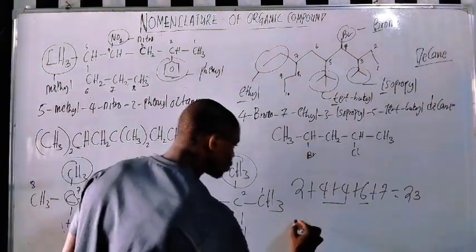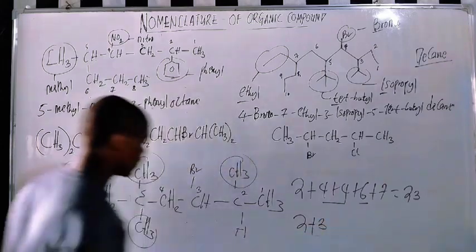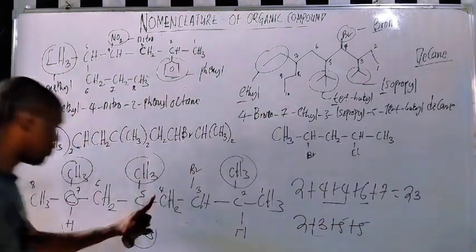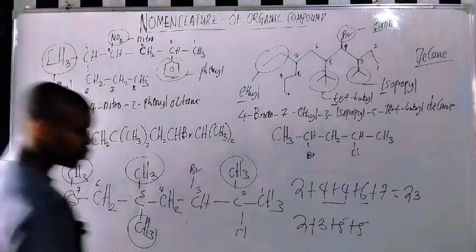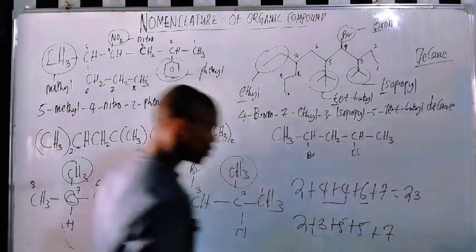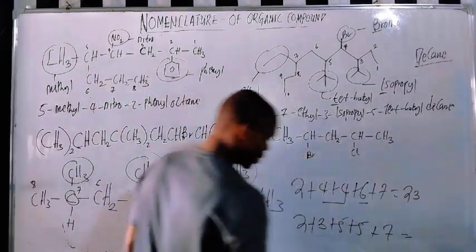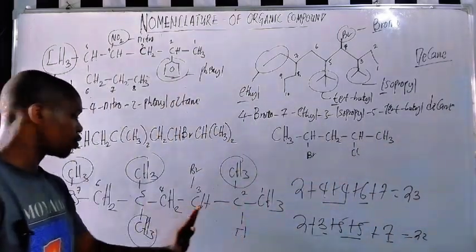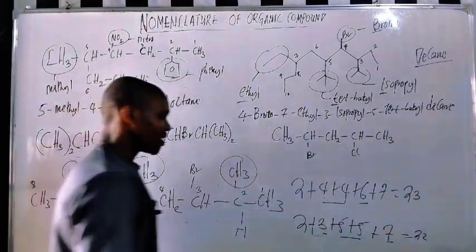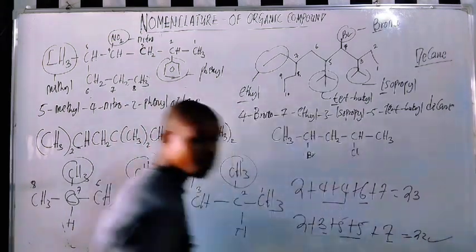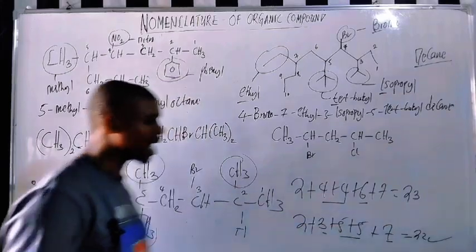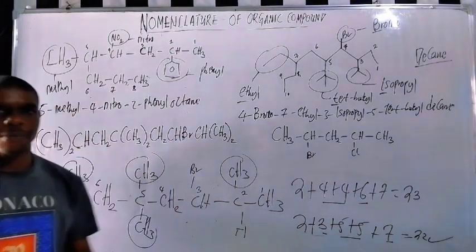It's going to be 2 plus 3 plus 5 plus 5 plus 7, right? So here we have 22. So when I start from here, it gave me 22. When I start from here, it gave me 23. So this one is my right numbering. Do you understand? So that's why you need to be careful when you are numbering. You need to check, the one that has the lowest possible number. Do you understand?